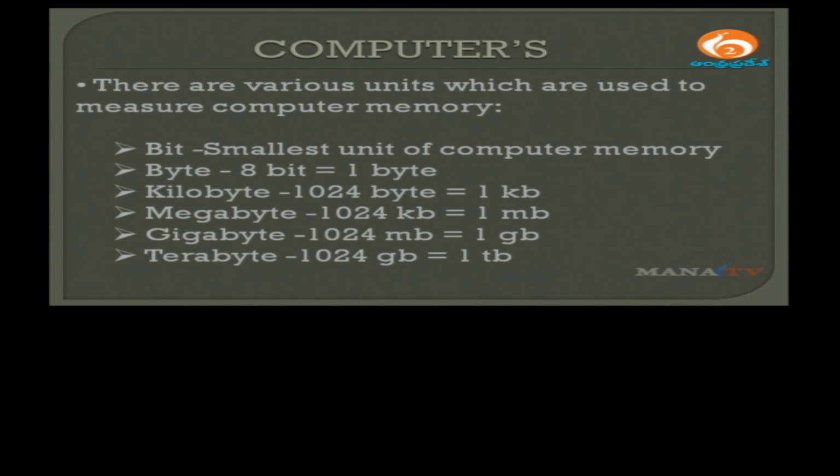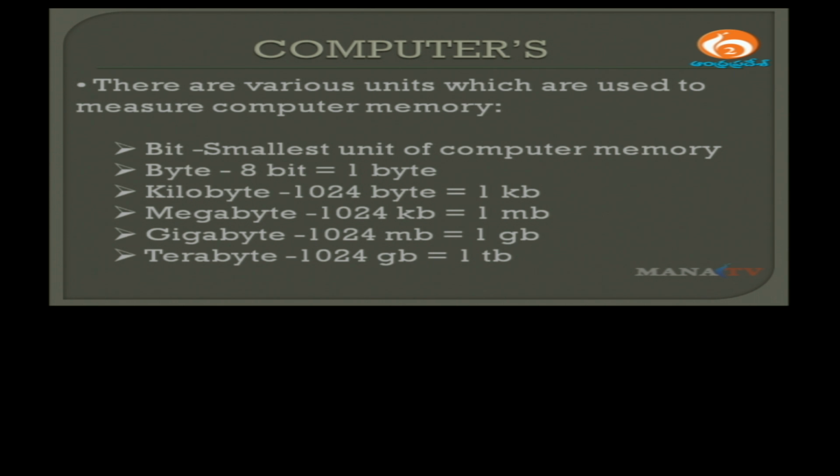Yes, the first thing that you can see here is bit, mentioned as the smallest unit of the computer memory, which I can say leads to byte. When I speak about byte, 8 small bits are equal to 1 byte, and byte is measured in kilo, mega, giga and tera.